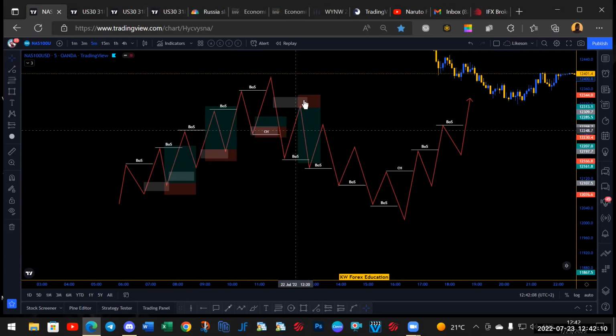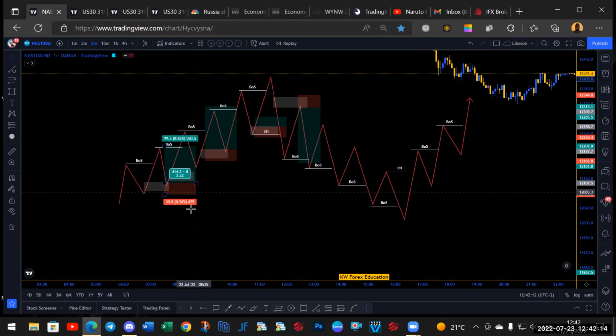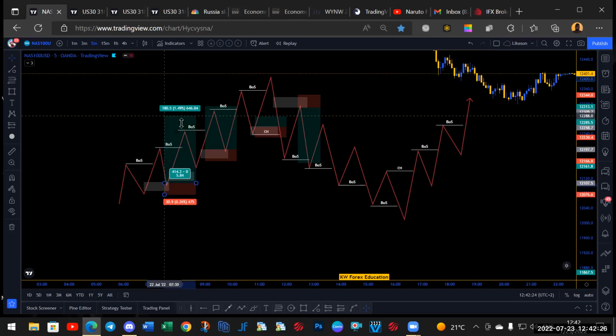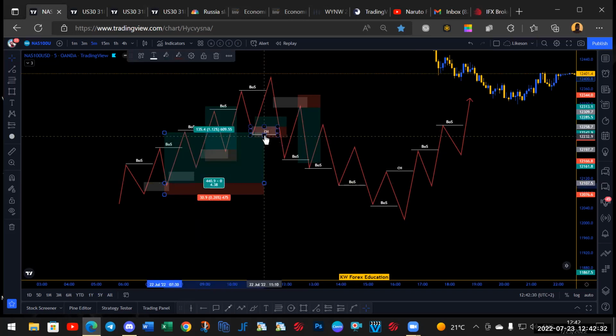So now, before we continue with this one here, let's go back to that one. If you are not a scalper and you're a swing trader, or if you would like to hold your trades longer, you would still be in this trade until you get that change of character.